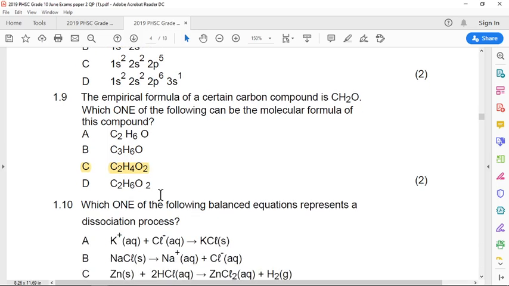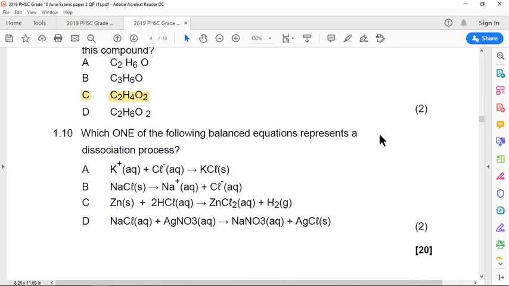It's wrong. Which one of the following balanced equations represents a dissociation process? Remember, if you dissociate, you are an ionic solid, and you dissociate usually in the presence of a polar compound like water, and you split into your ions. So this is an ion and an ion going to a solid.